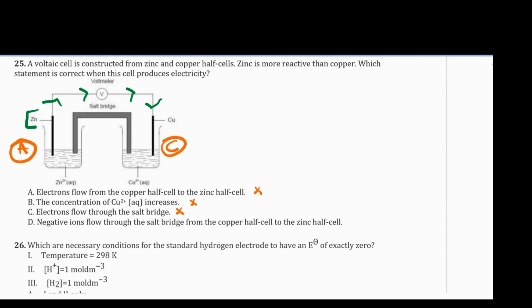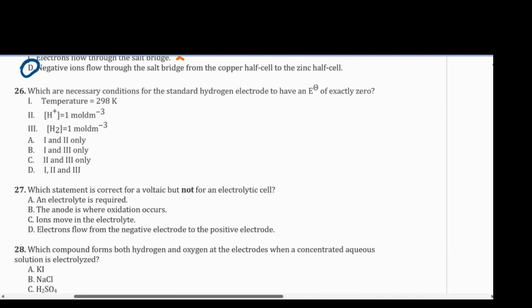Negative ions flow through the salt bridge from the copper half cell to the zinc half cell. Yes. If the electrons are going one way, the ions will be flowing the opposite way. So they'll be coming back this way, from the copper to the zinc. Our answer is D.